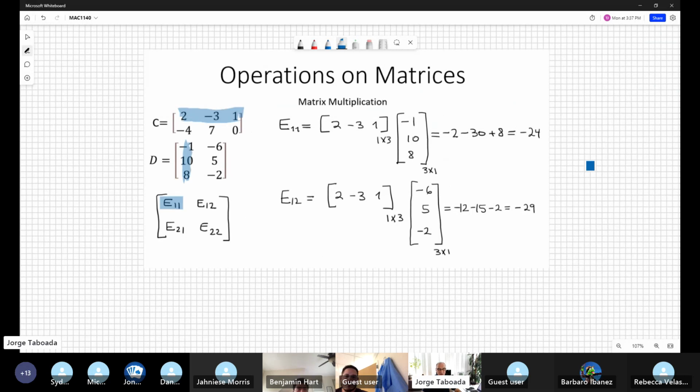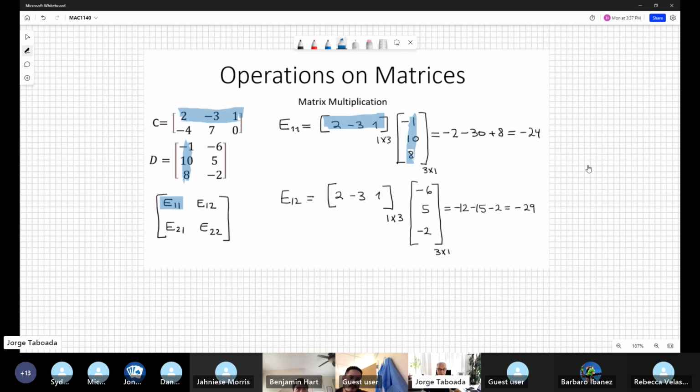So this matrix is the first row of C. Obviously it's a partition of C, it's not entirely C, it's one piece. It is 1 by 3 because we have 1 row and 3 columns. And taking the first column of D, this is 3 by 1.